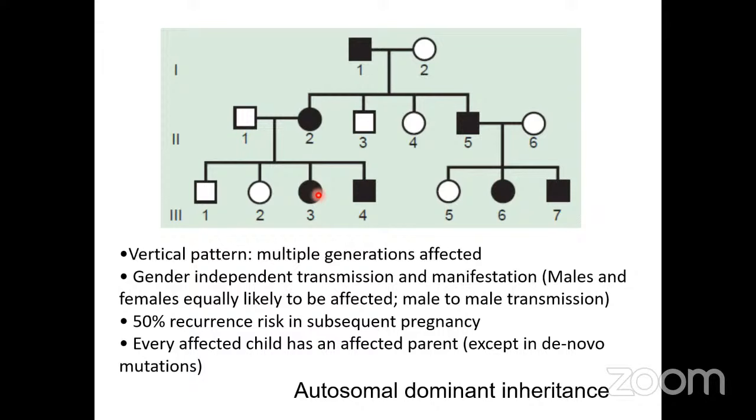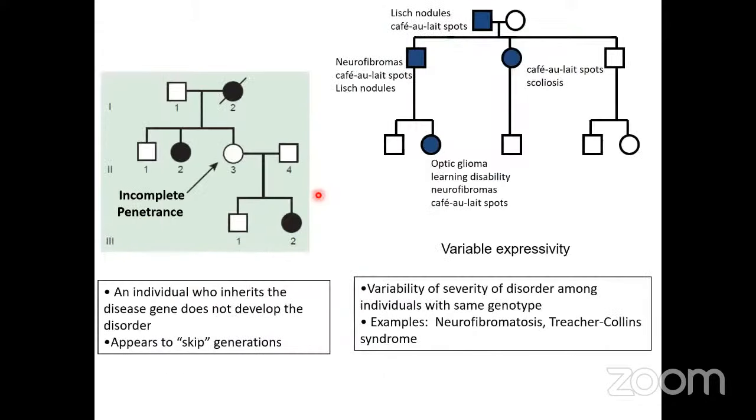Now, there are some complications which are discussed, something called incomplete penetrance. For example, here, this lady, generation 1, second individual, is affected and deceased. She has a daughter who is affected, and another daughter whose daughter is affected. Now, how do you explain this?